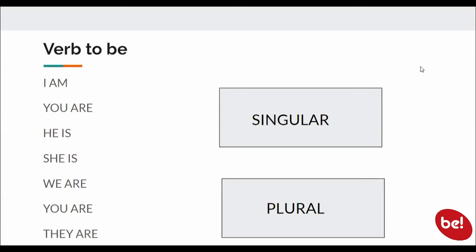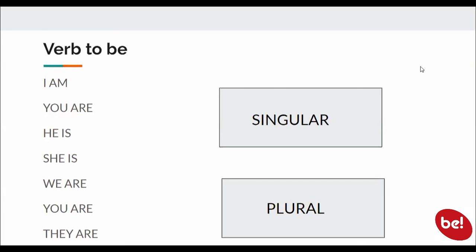Okay. I am, when you talk about yourself. You are. He is, we use for masculine. She is, we use for feminine. Okay, so those are singular.